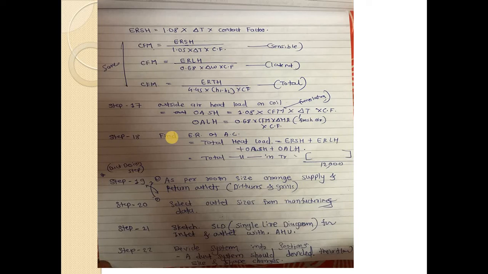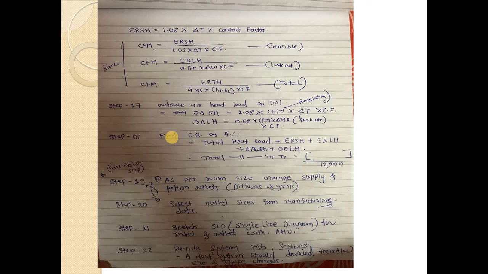Outside air sensible heat is calculated using the formula 1.08 into CFM into delta T into the contact factor. Similarly, OALH, outside air latent heat, is calculated using the formula 0.68 into CFM into delta humidity ratio, for fresh air, into the contact factor.